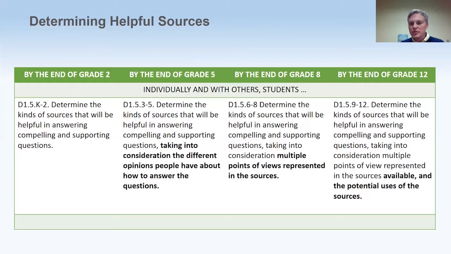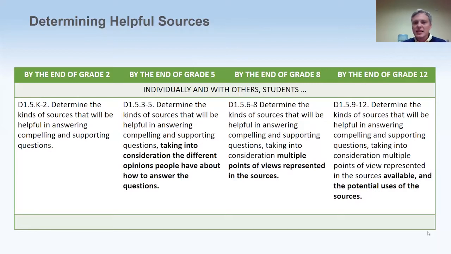And then by the end of middle school, we want to consider multiple points of view before we draw our own conclusions. And then by the end of high school, we want to make sure we've got a variety of sources, and that we recognize the different uses, or the potential uses, of those sources.